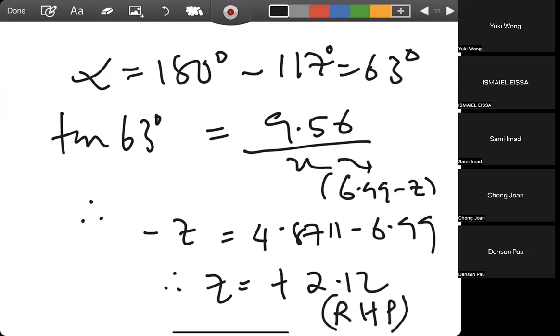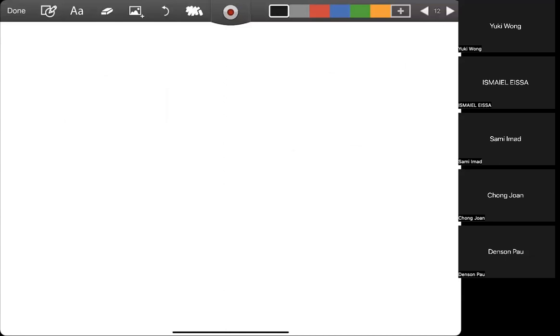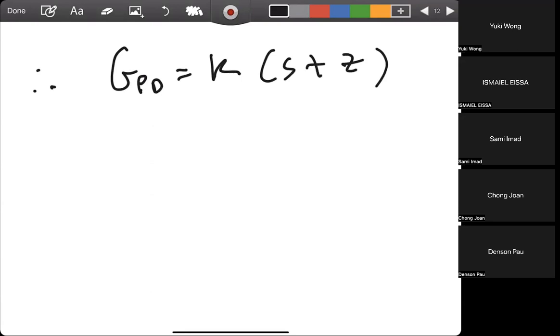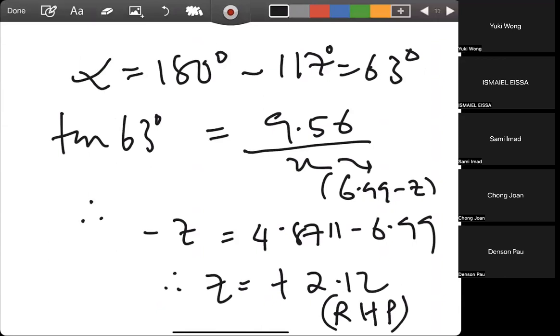And then we know that GPD is equal to K(s plus z). We already know the z value, which is here. Because it's on the right half plane, it is minus 2.12.